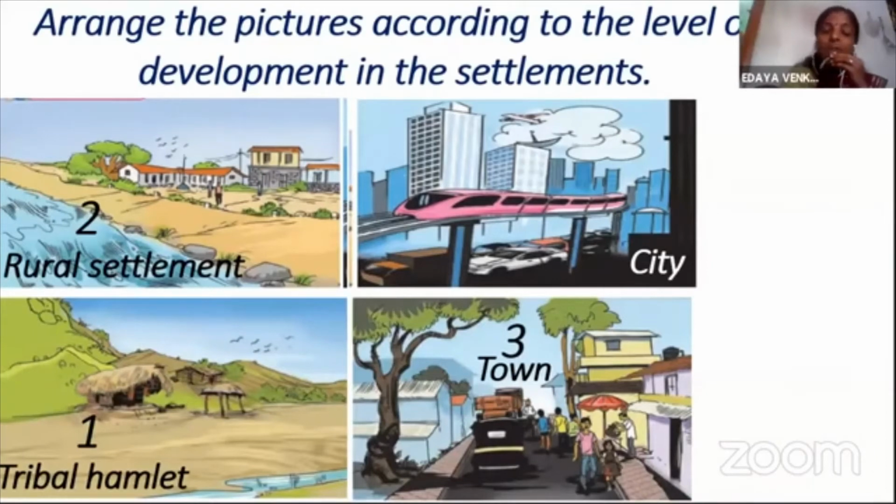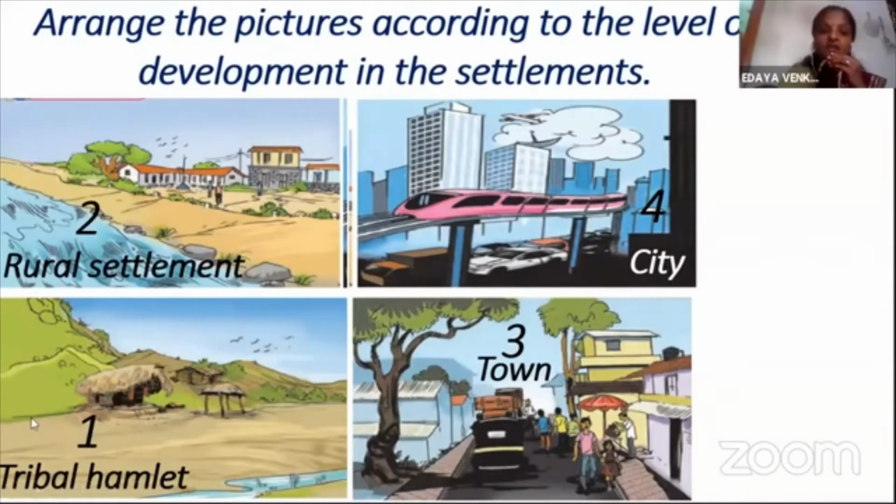And then more population is added there, more industries and more employment is generated in that town, and then it is converted into city. These are the metropolitan development of the settlements. First, it must be a tribal hamlet. Then slowly, gradually, it develops into a rural settlement. And then the next step is town. And then it is city.